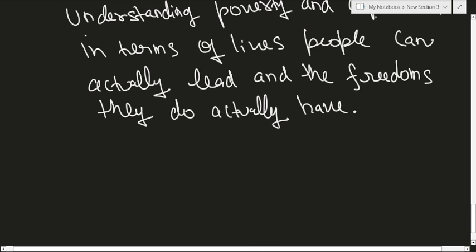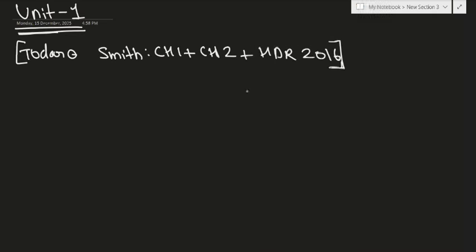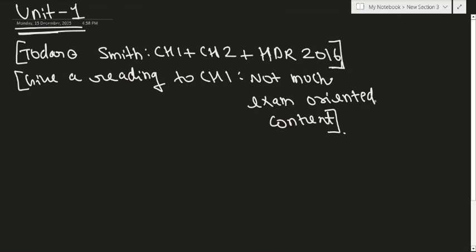Okay, so now we will be moving to unit 1, where we have Todaro and Smith, chapter 1, chapter 2, and the Human Development Report 2016. So let's move to chapter 2 from Todaro and Smith, chapter 1, sorry. We have to give chapter 1 a fair reading. There is not much exam-oriented content there, so we are moving to chapter 2 now.